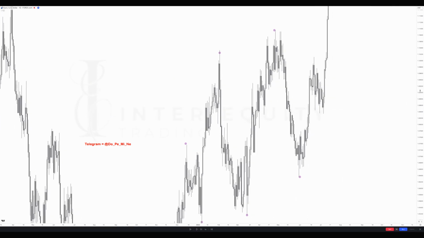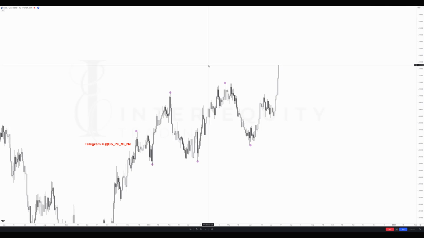Starting from the daily, when price creates this higher high and decides to retrace to create this higher low, you'll see that the 4 hour switches from bullish to bearish.